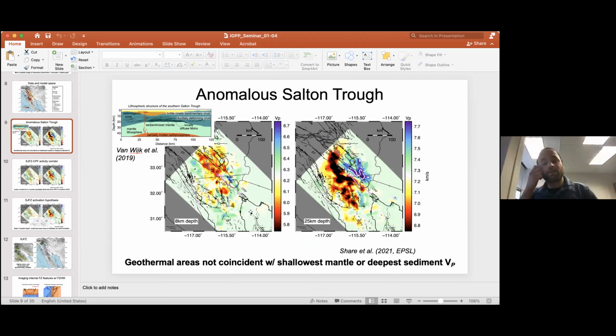Yeah. So the higher than average VP structure here, and in fact, if you're talking about VPVS, I don't think I've got a VPVS plot over here, but that's once again in that picture that Dan shared. So granite is one of the rock types that is super low in VPVS, right?